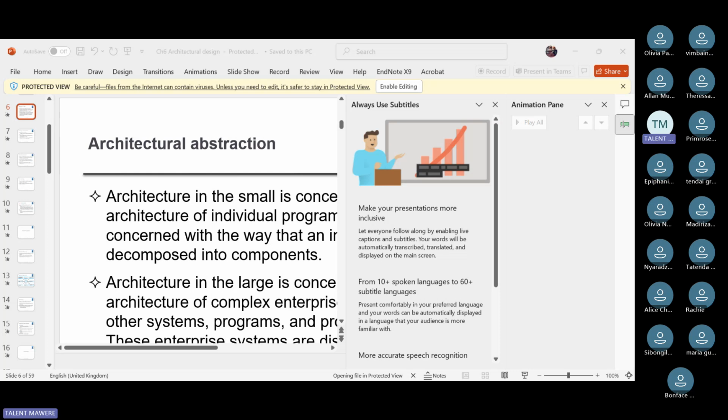Architecture in the large is concerned with the architecture of complex enterprise systems. That includes other systems, programs, and program components.